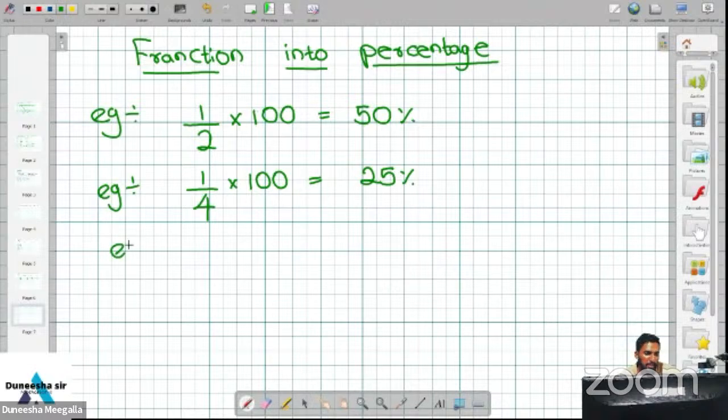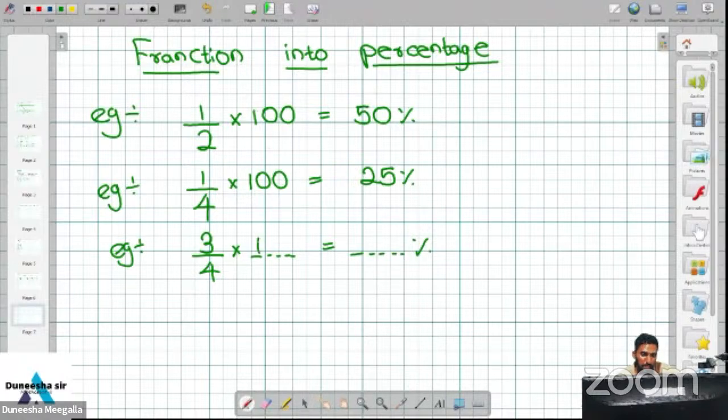The next example, you have to do 3 over 4. Can you do it as a percentage? What is the multiplication and after that what is the percentage? What do we have to multiply by? 75%.